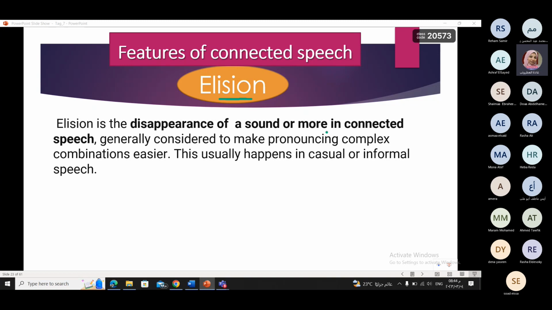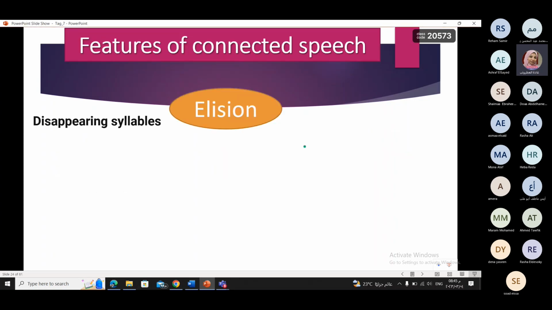And this generally happens to make pronunciation of complex combinations easier. We do elision, deletion or omission, in order to make our pronunciation easier and faster and to sound more natural in connected speech. So with elision we have disappearing syllables, meaning some syllables disappear completely from the word because we elide them, we delete them, we omit them, and some sounds disappear too.